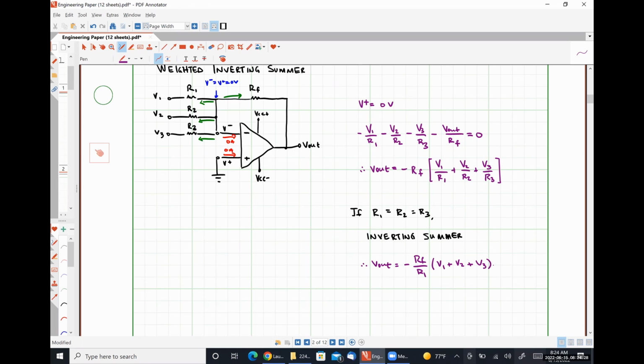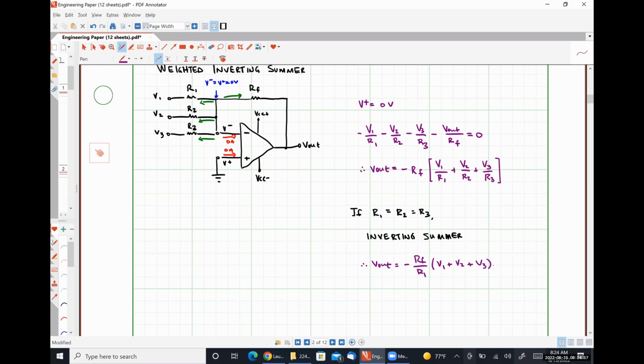It is possible to make a weighted non-inverting summer by effectively applying multiple inputs to the non-inverting input terminal. However, the math behind doing that becomes extraordinarily difficult for more than 2 input signals.